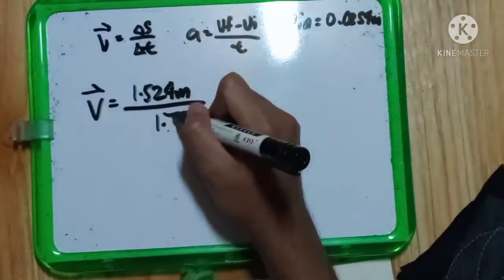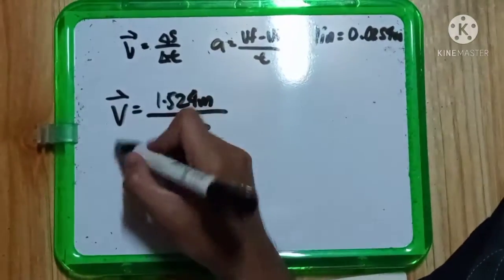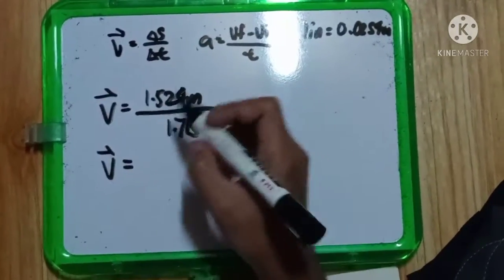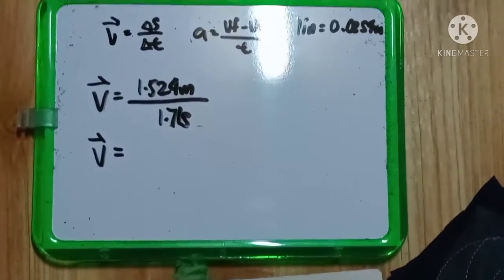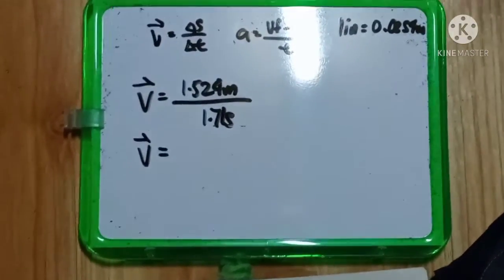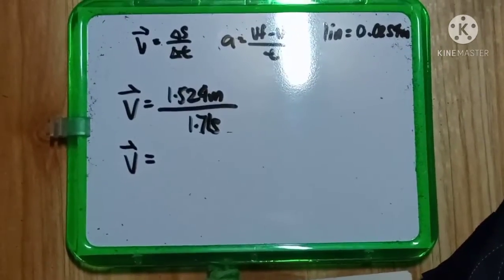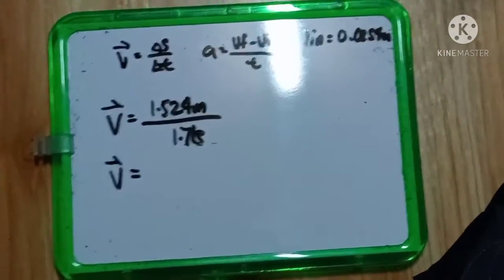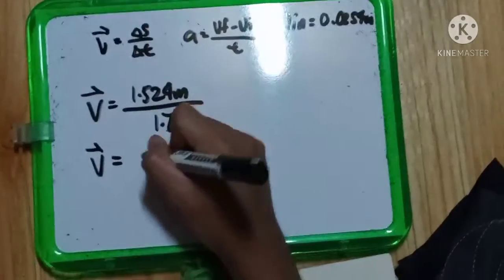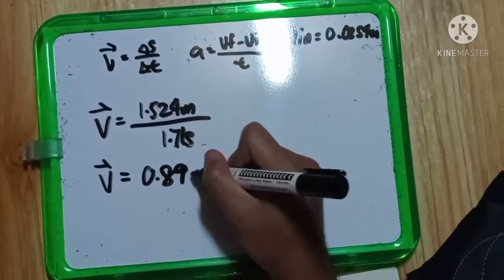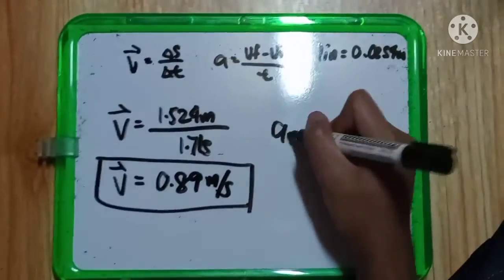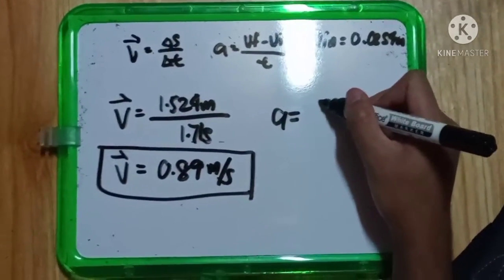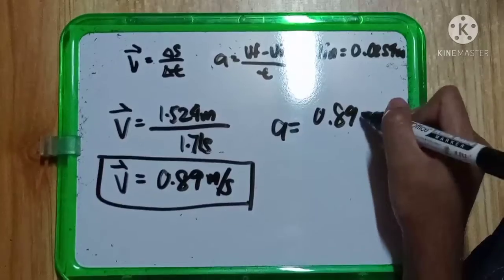So we have 1.71 seconds. So the velocity will be 1.524 divided by 1.71 seconds, 0.89 meter per second. Now the acceleration will be the velocity divided by the time.